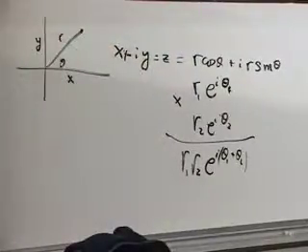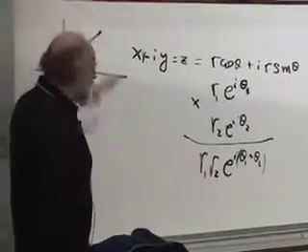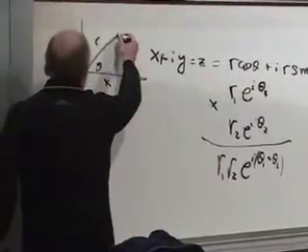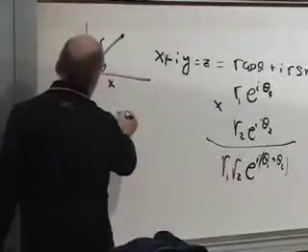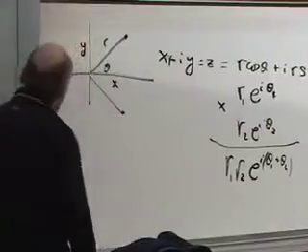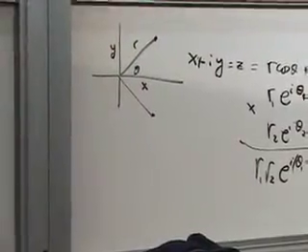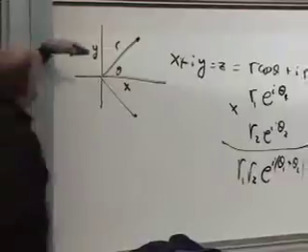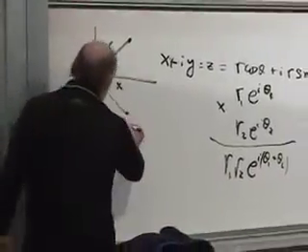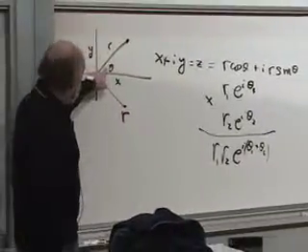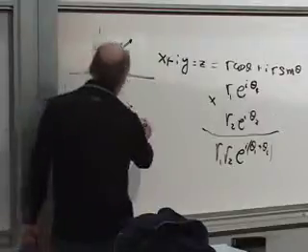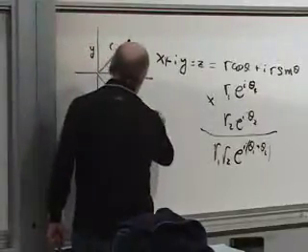One more point, the notion of complex conjugate. The complex conjugate of a complex number is just the corresponding complex number in the lower half plane, which has exactly the same r, except instead of e to the i theta, it has e to the minus i theta.